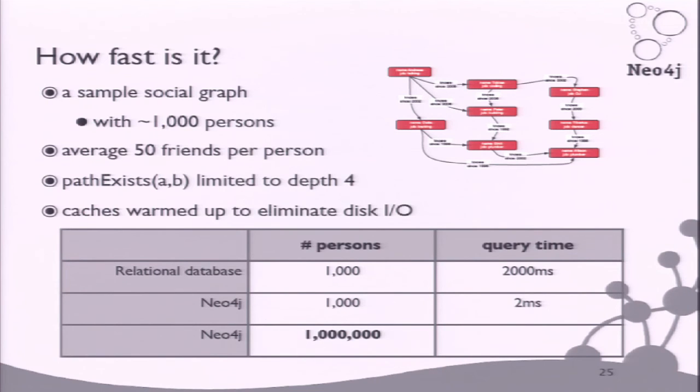Added 1 million persons to it, 50 average connections, so 25 million total connections. Grab 2 people at random, and we're still at 2 milliseconds for this one. So when it comes to scalability and performance on ever-increasing complexity of connected data, graph databases are pretty damn awesome.